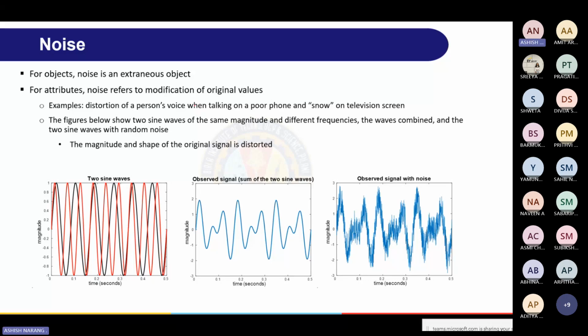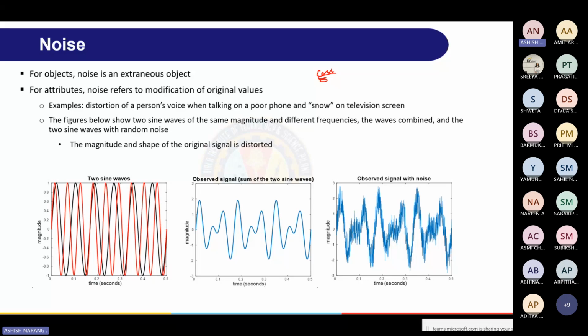You must have seen, if there is a cable where the TV signals are coming, and if you switch on the mixer grinder near that cable, the signal will distort. You will see distorted pictures. That's a kind of noise that comes. We need to identify that and remove that noise.